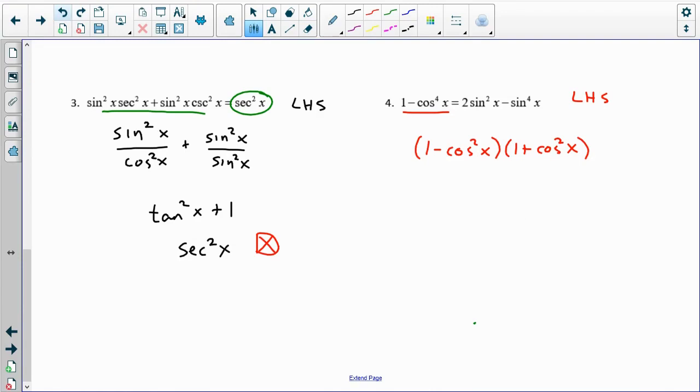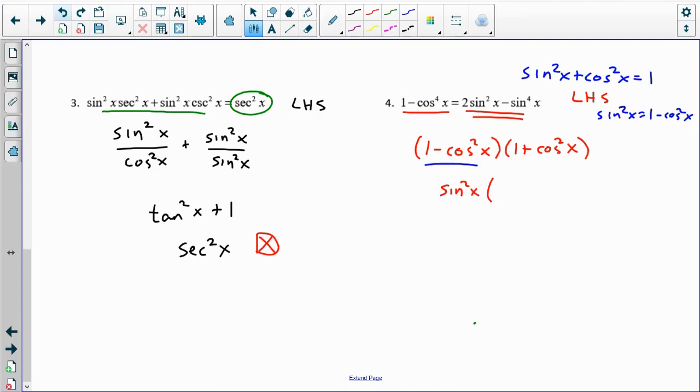So let's look at 1 minus cosine squared. Well, I know that sine squared plus cosine squared equals 1. So what happens if I subtract cosine squared from both sides? Sine squared equals 1 minus cosine squared. So if I look at 1 minus cosine squared, I'm going to rewrite that as sine squared. That helps me because I want to get closer to sine squared. So that's good.